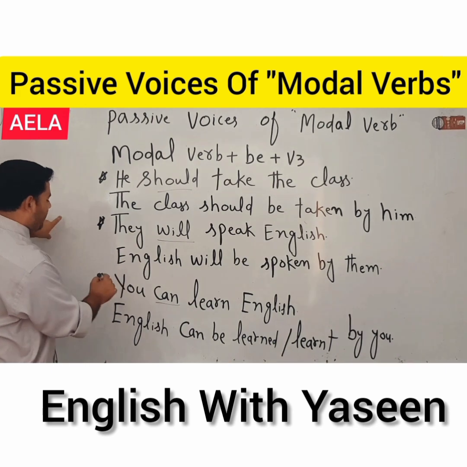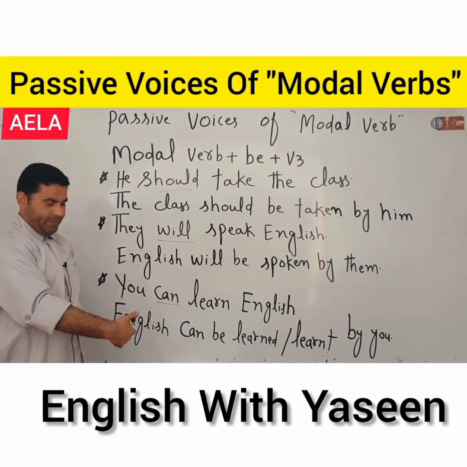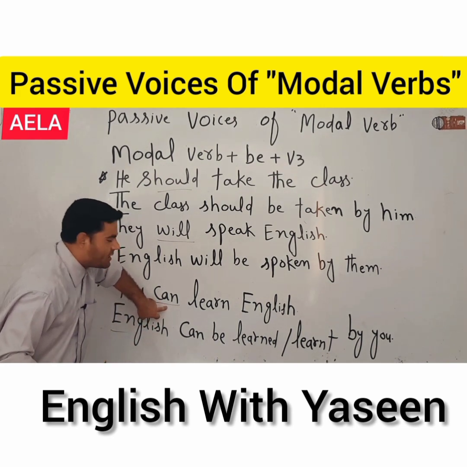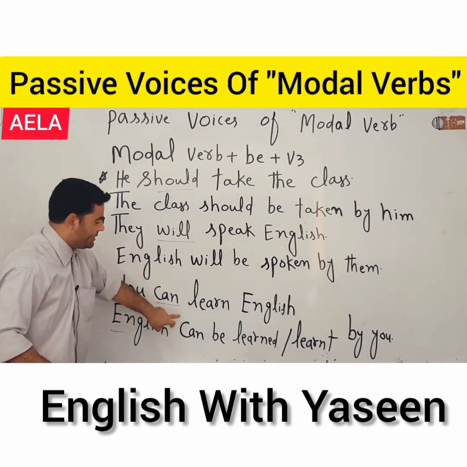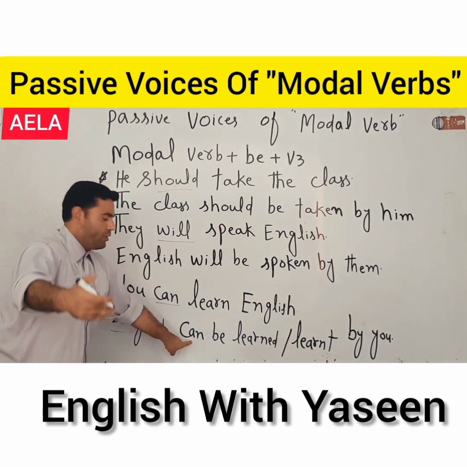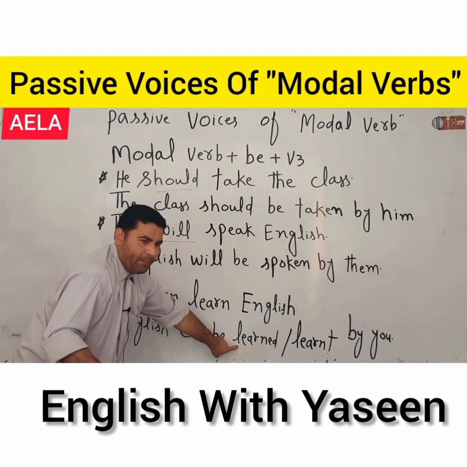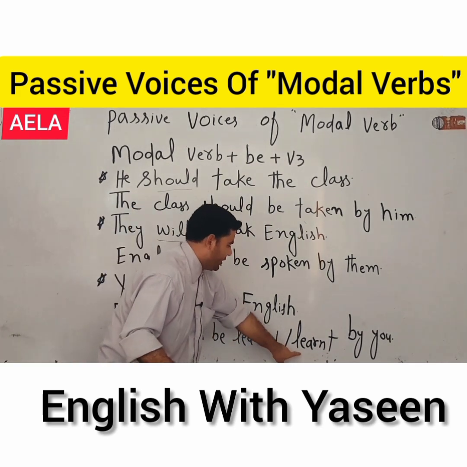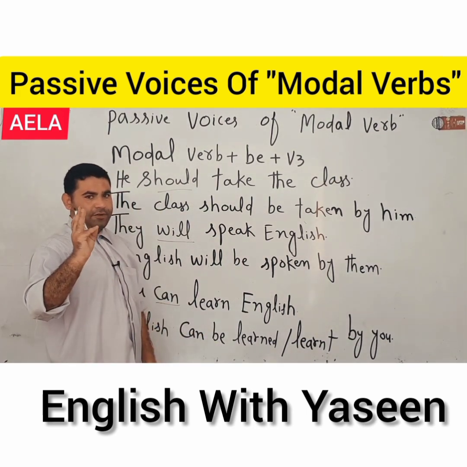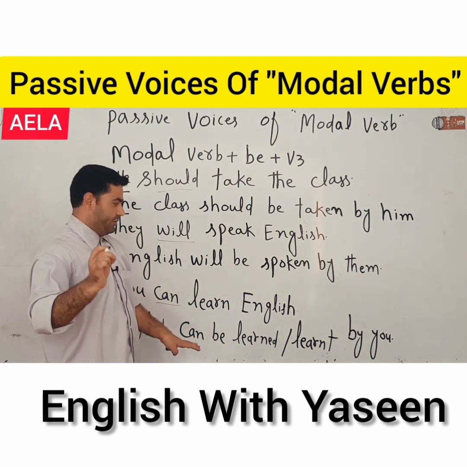English is the object, so it will be in the beginning of the sentence. And the modal verb can has been used in the active voice, so in the passive voice also, we just use that modal verb can. Then we use be, then learned. In American English, the third form of learn is learned, and in British English, it is learnt.